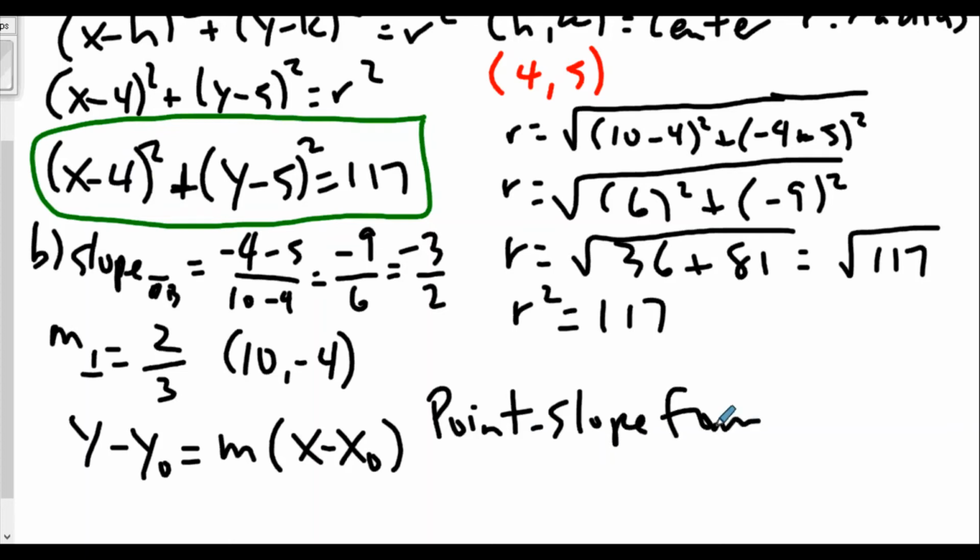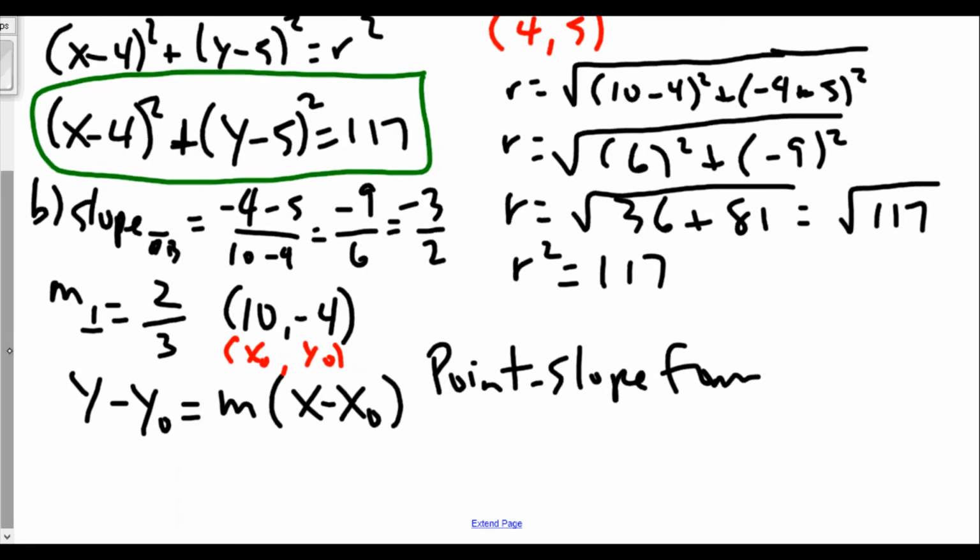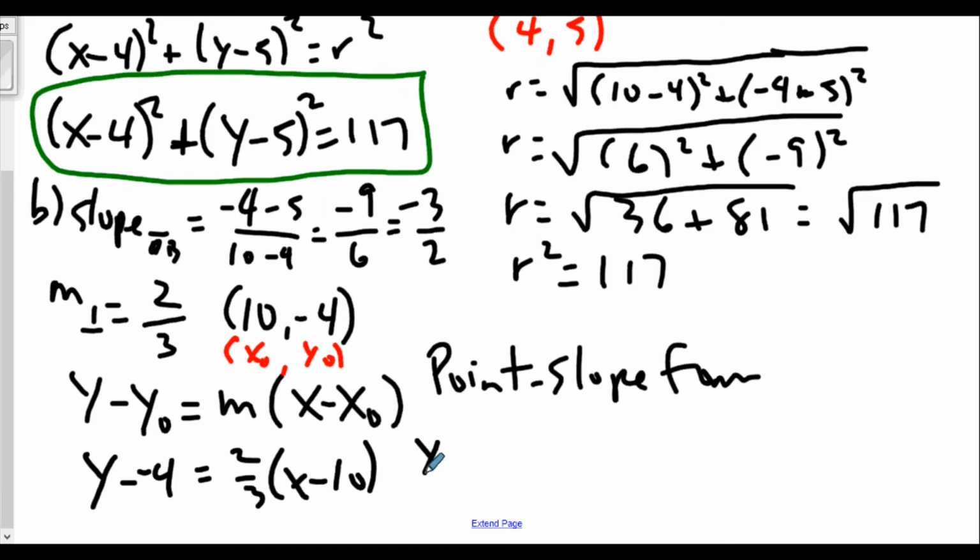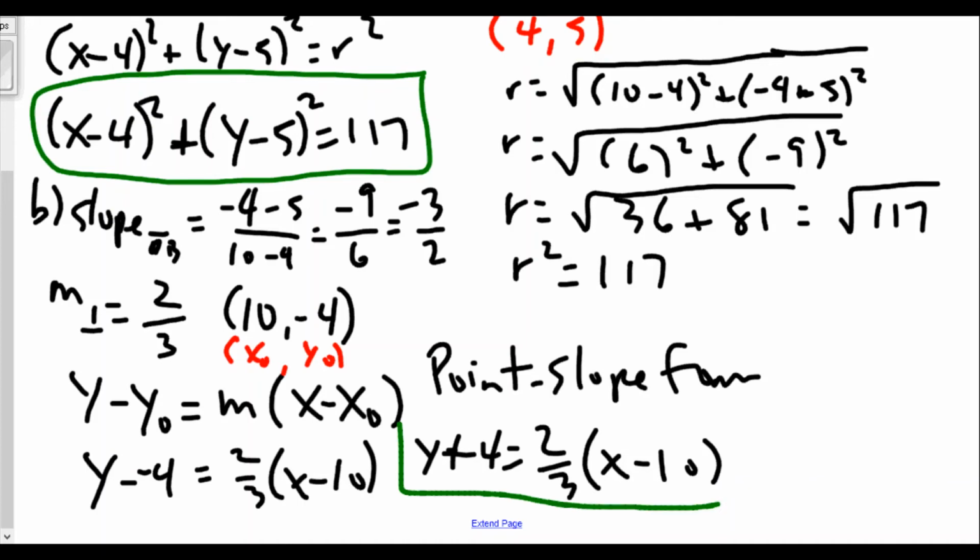Here, the x and the y remain the same, so we don't do anything to them. We just plug in the slope, and our x0 and y0, meaning the given point we have. Therefore we get y - (-4) = 2/3(x - 10), or y + 4 = 2/3(x - 10). And this is totally good as our equation of a line.